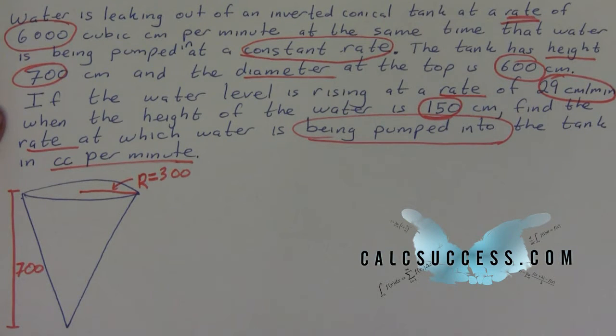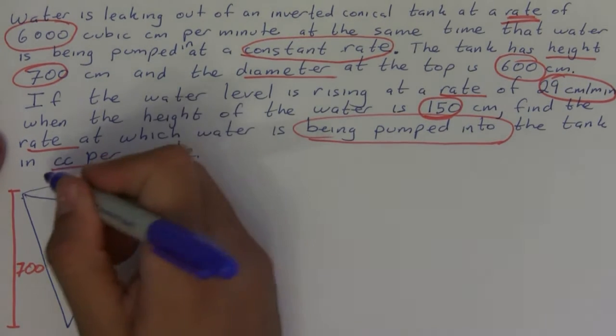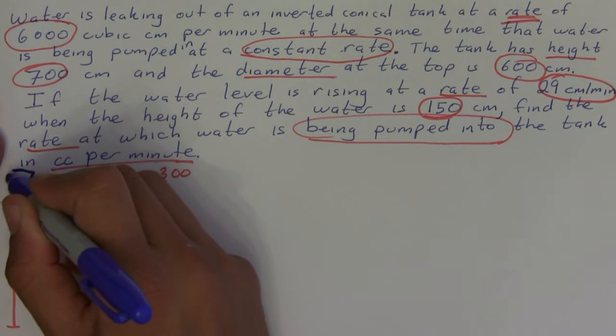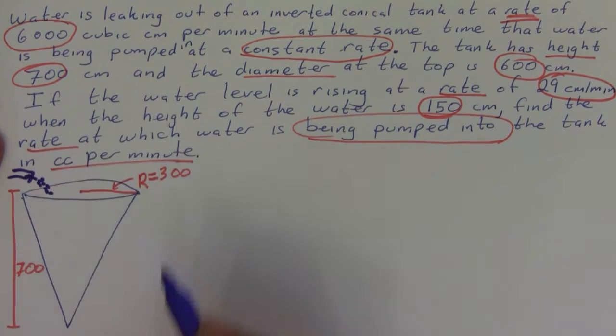Now it says that water is being pumped in. So let's say you have a little pipe here and water is flowing inside, but then also there's a hole down here and the water is also leaking.